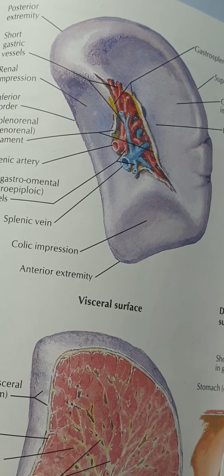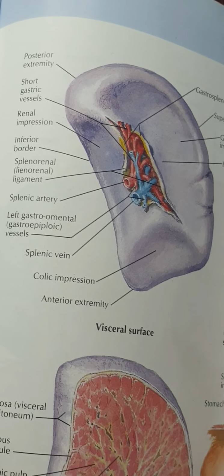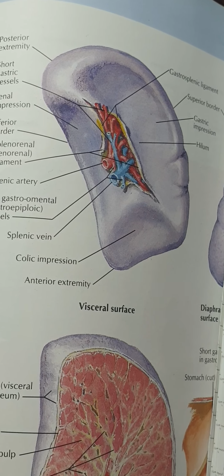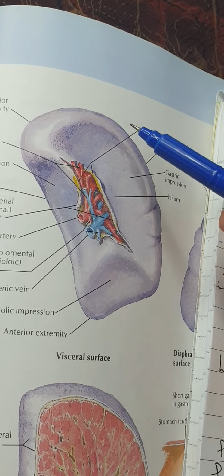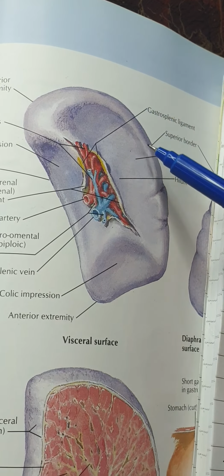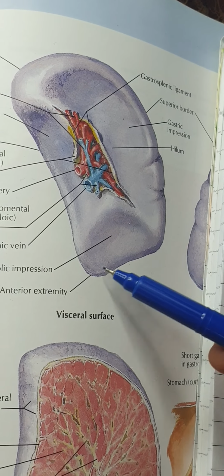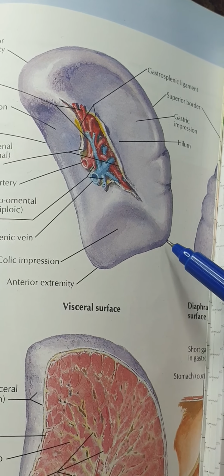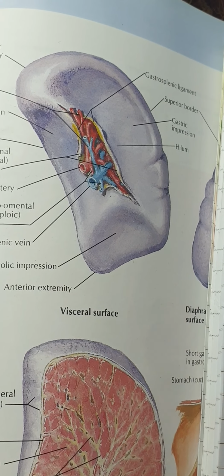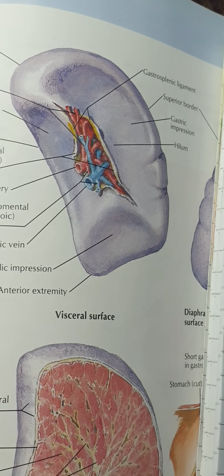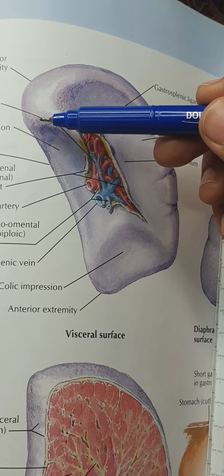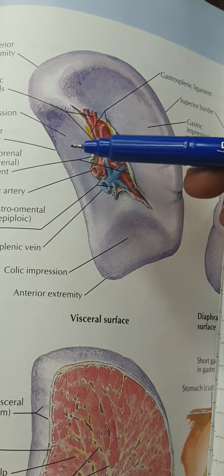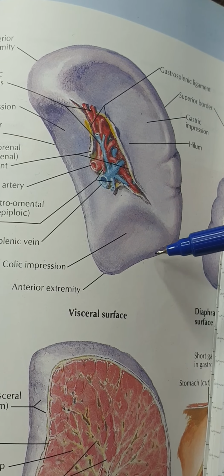Now we talk about the 2 angles of spleen. These 2 angles are the anterior basal and the posterior basal angles. The anterior basal angle is formed by the junction of the superior border and the anterior end. The inferior border and anterior end, their junction is called the posterior basal angle.